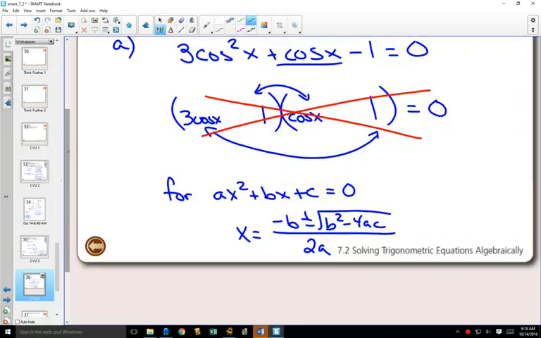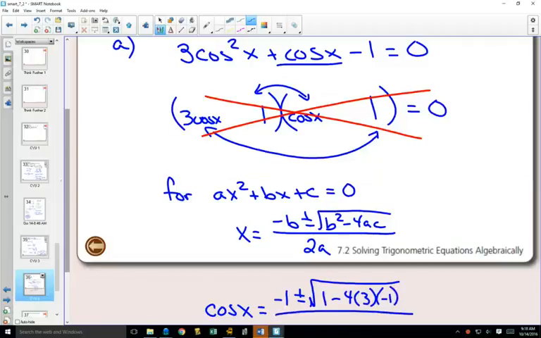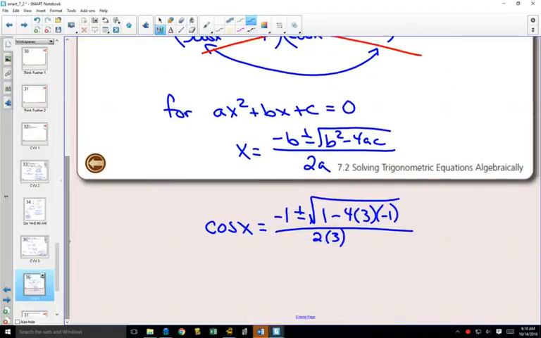So when we're writing this solution, instead of writing x equals, we'll write cos x equals negative b, so negative 1, plus or minus the square root of 1 squared minus 4 times a, which is 3, times c, which is negative 1, over 2 times 3. Simplifying this, we get negative 1 plus or minus the square root of 13 over 6.